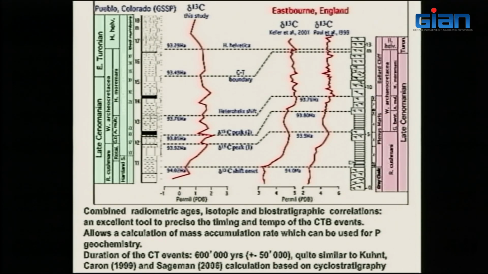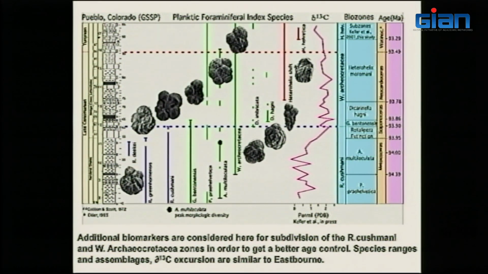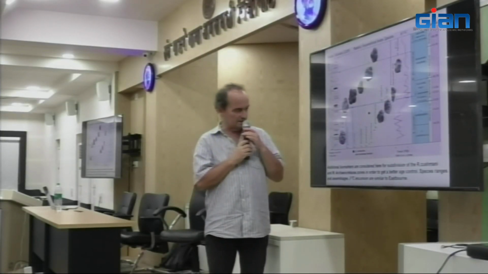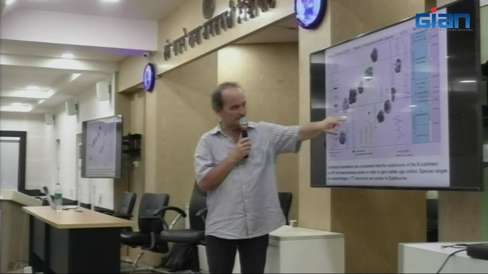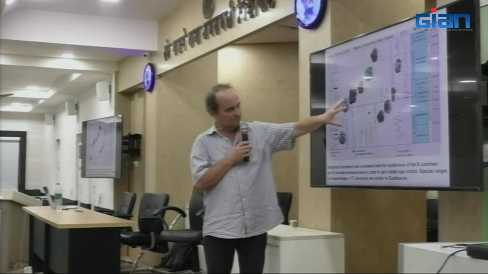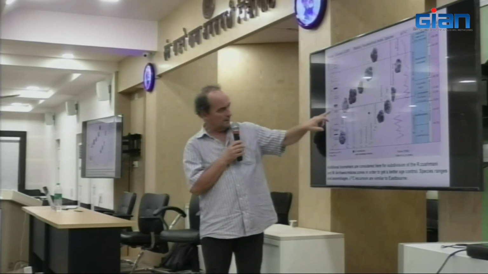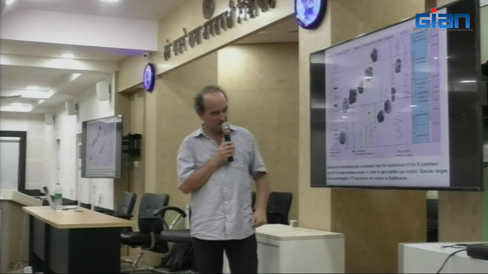Okay, so if I'm starting again with that one, we have a very nice biostratigraphy, and here, for example, you can see the disappearance of this deep dweller, the deepest planktic foraminifera, at the starting point of the black shale deposition.